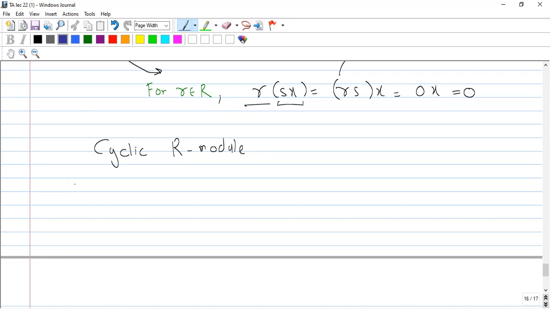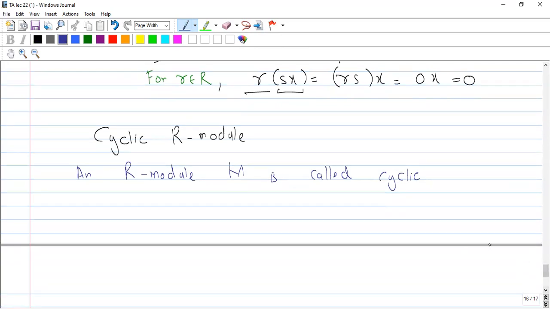So an R module M is called cyclic if M could be generated with the help of a single element.